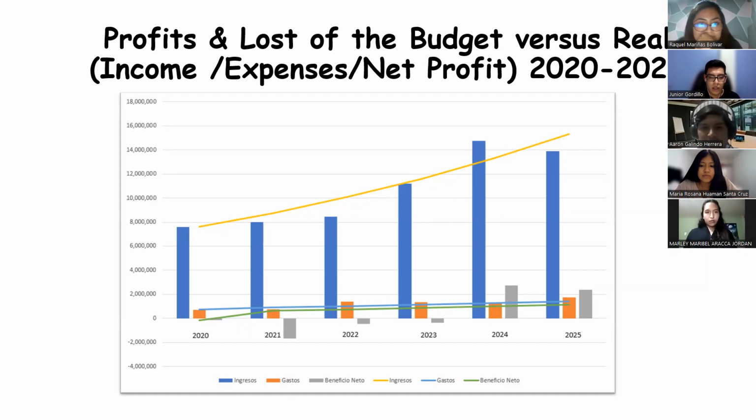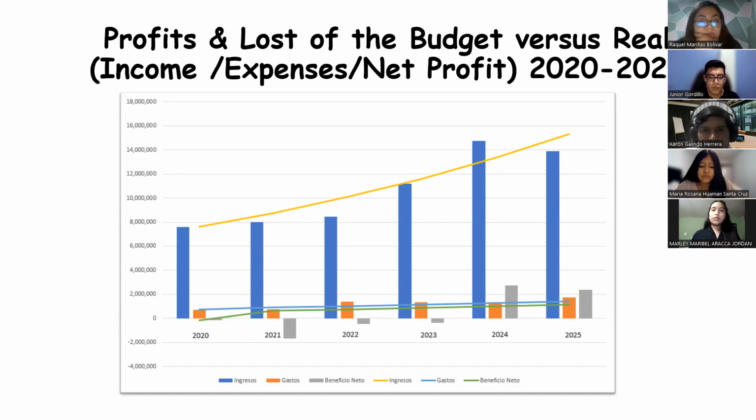On the other hand, regarding expenses, we can see the projected budget was exceeded by approximately 20% for all years except for 2021 and 2024, where less was spent than expected.